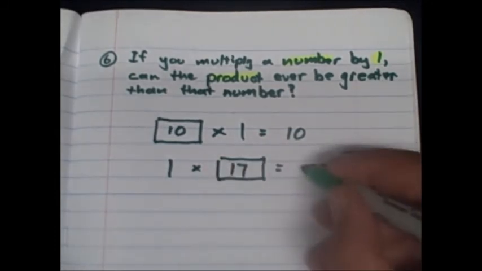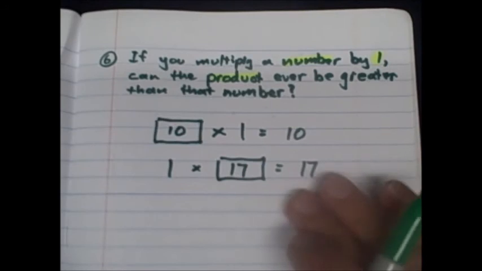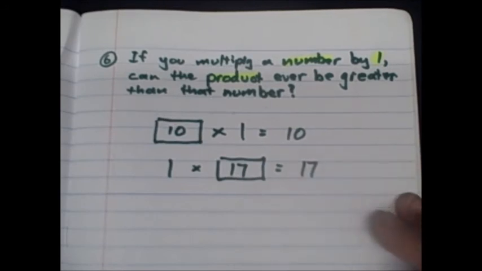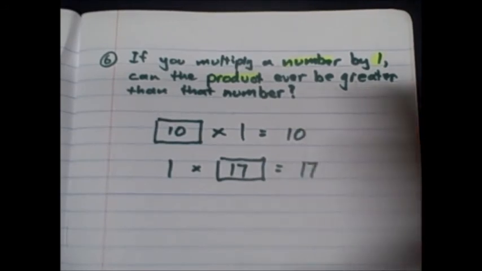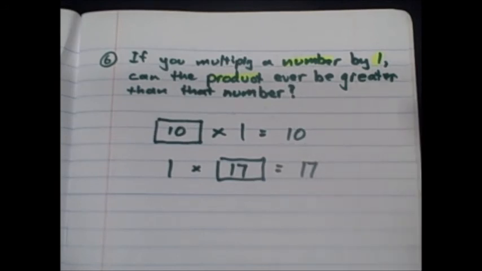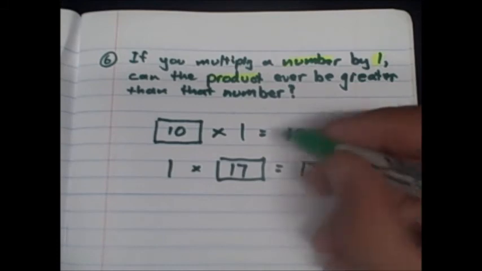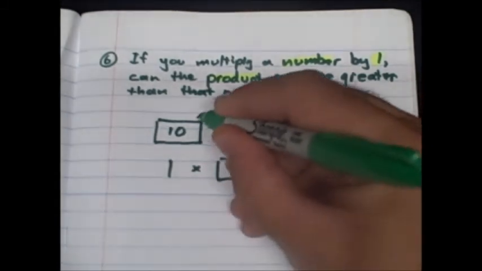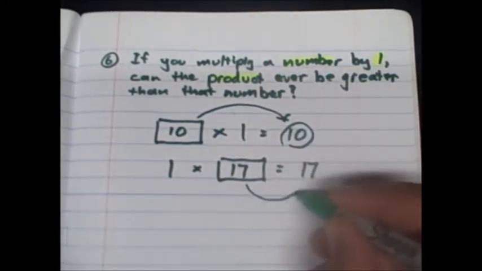One group of 17 would be 17. No more, no less. So the answer to this problem is clearly no. If you multiply a number by 1, can the product ever be greater than that number? No. It's going to be that number. No more, no less.